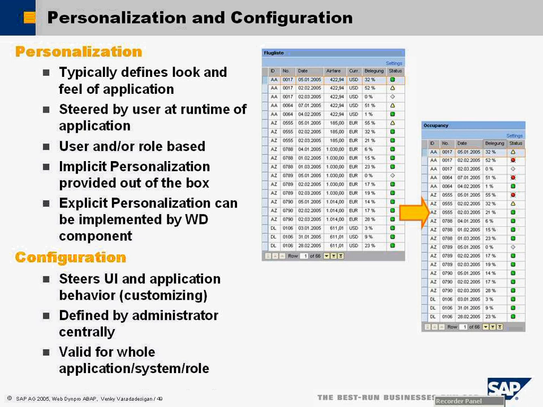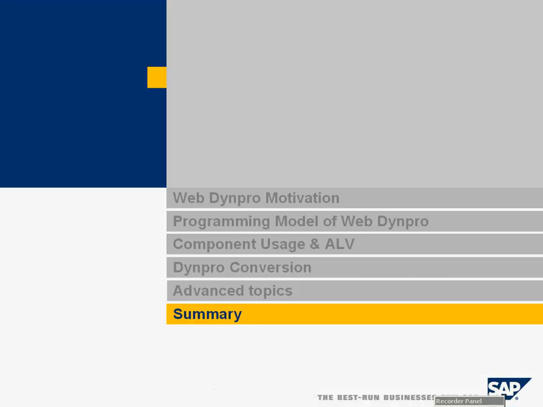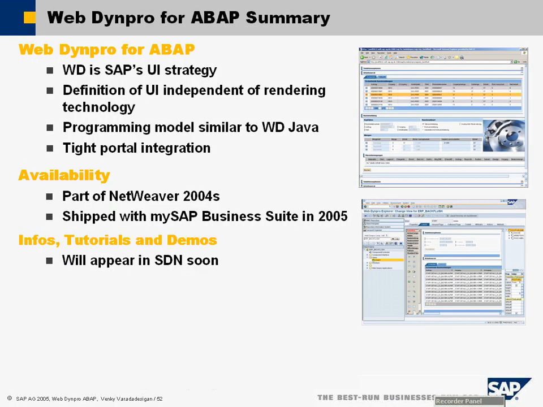If there is a setting button, you click on it, and the user can dynamically personalize what columns he wants to see, and different values. So that is the implicit personalization by the respective UI element. Of course, it's available out of the box. And the personalized values are stored in the portal directory. It's persisted in the portal database.